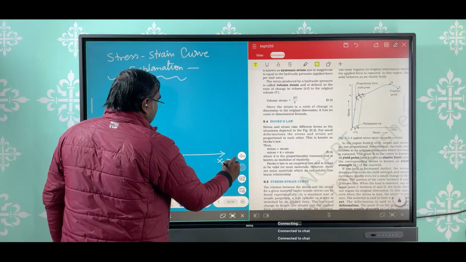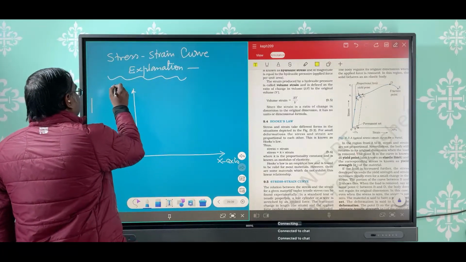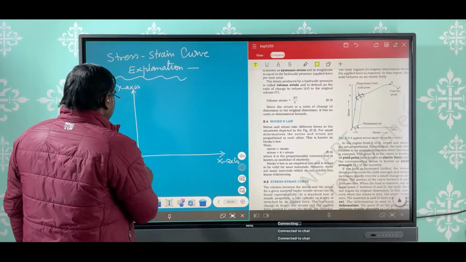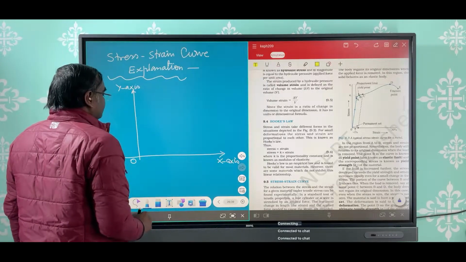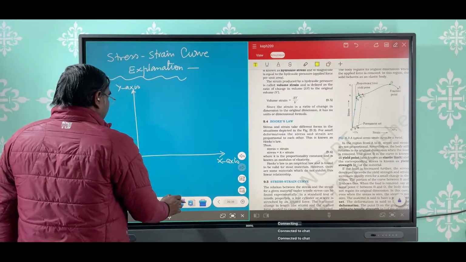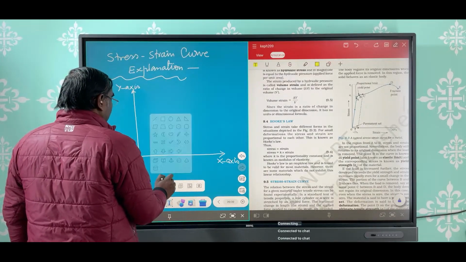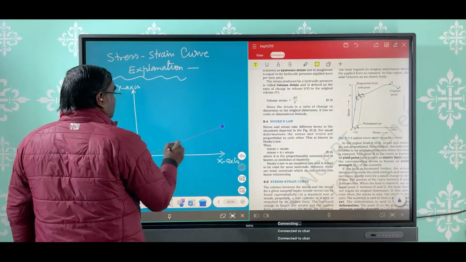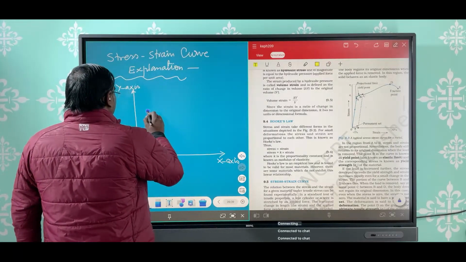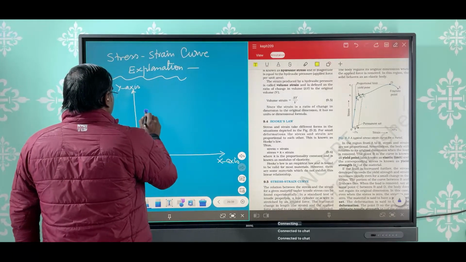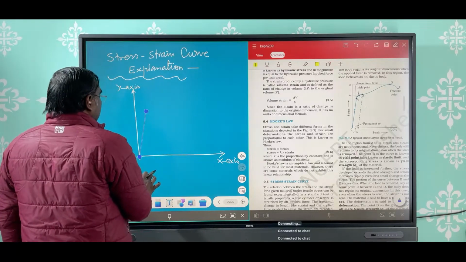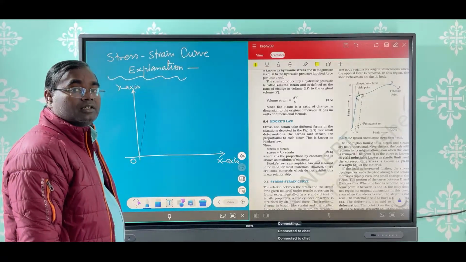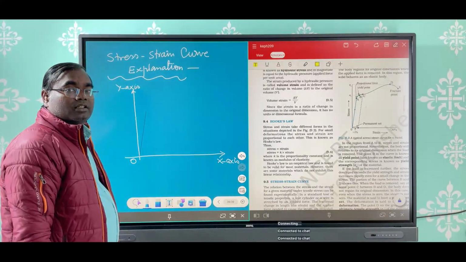This is the x-axis and this is the y-axis, and this is the origin. You can see this is a straight line.